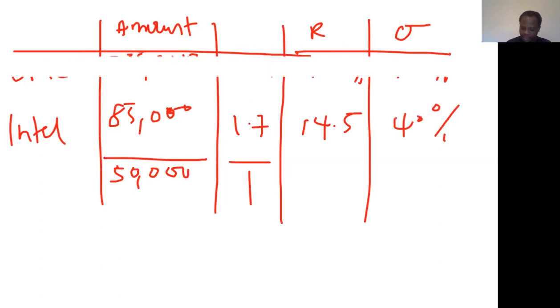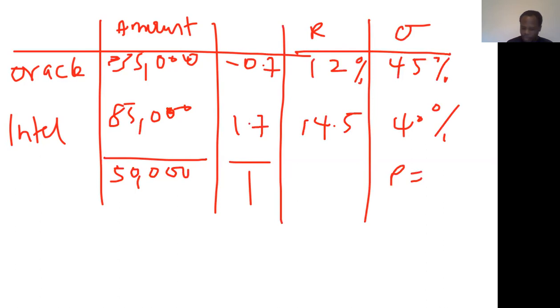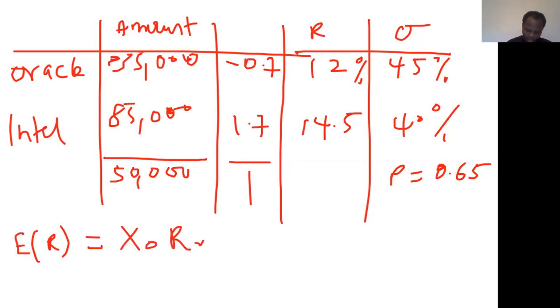And the correlation has been given as 0.65. So the first question is, what is the expected return of the hedge fund? When you are asked to find the expected return, it is equal to X of Oracle multiplied by the return on Oracle, plus X of Intel multiplied by the return on Intel.